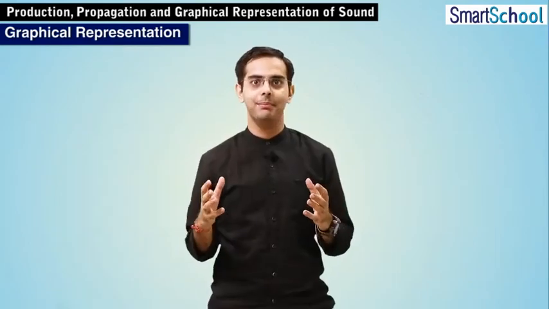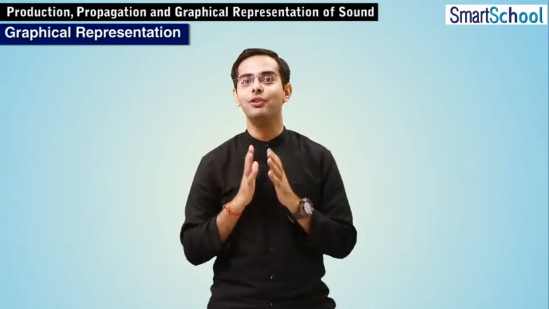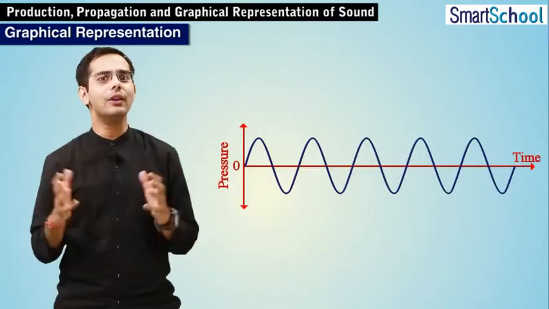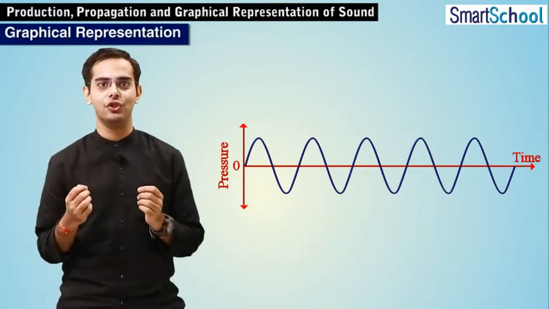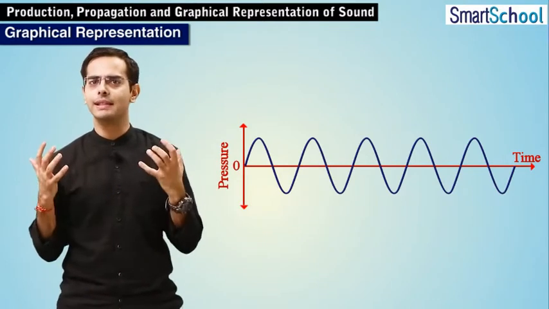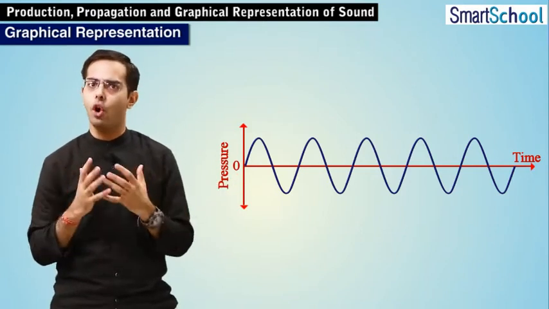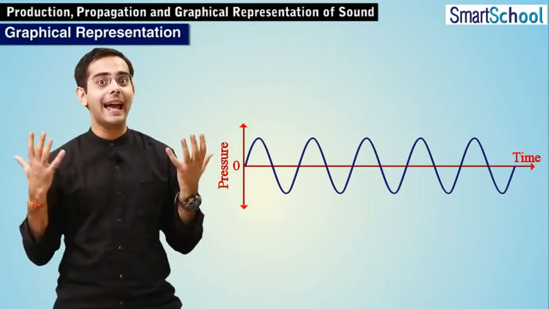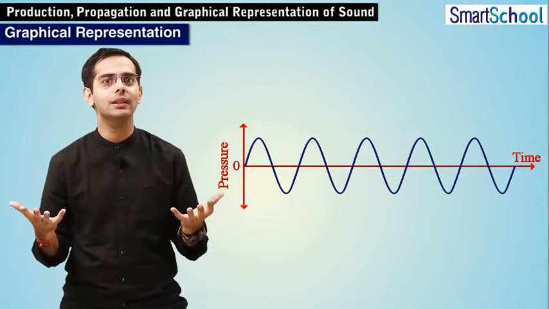Now friends, before we close this module, I have a small trivia for you all. Now that we've had a brief understanding of the graphical representation of sound waves, some of you might be thinking: are sound waves always of this shape, or can they be of some other shape as well? How many of you have this doubt?